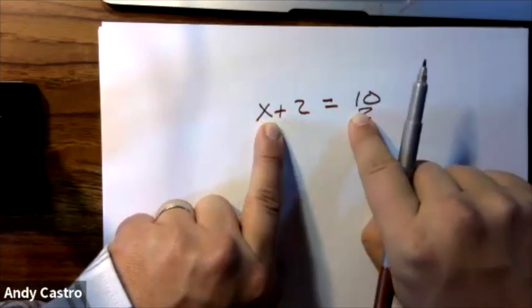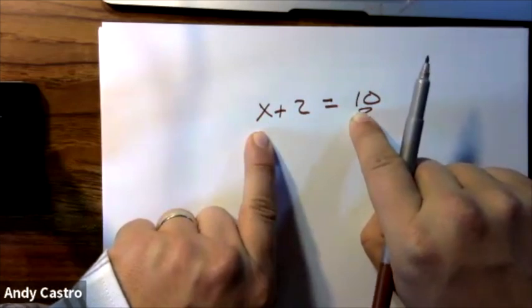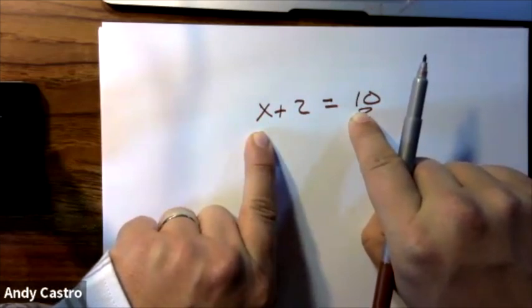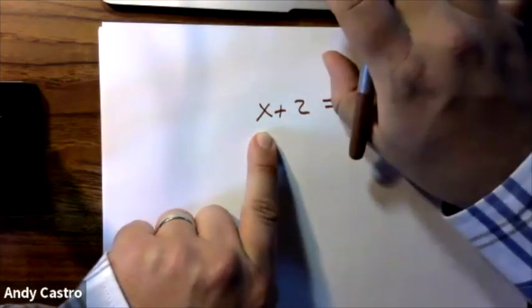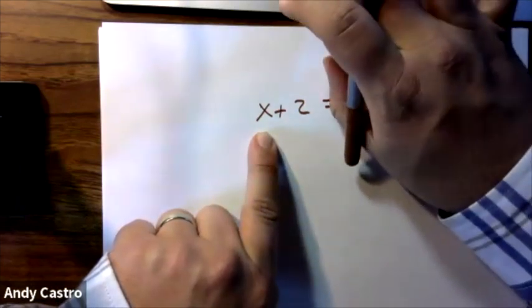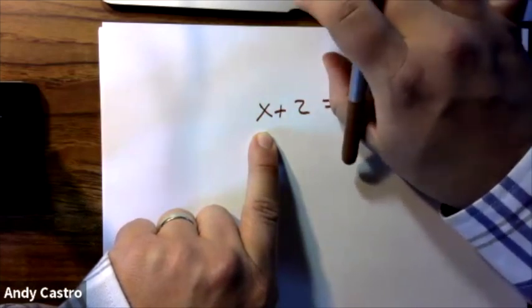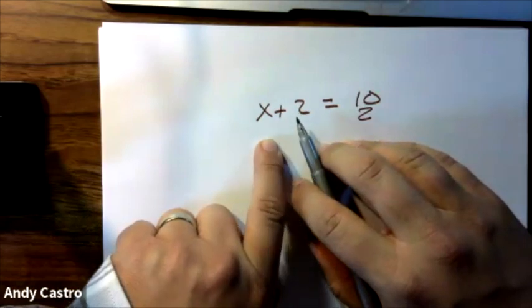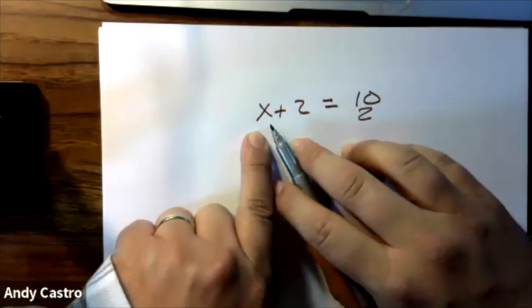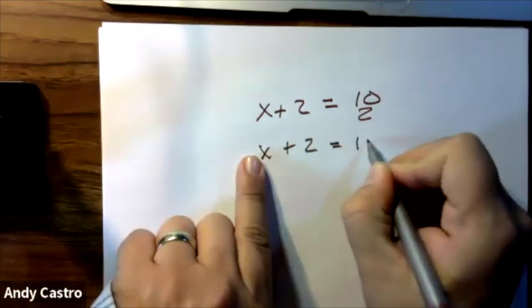So if it has to be 10, what number does x have to be? Anybody know? You can message it to me. Got one message. All right, what number? No one's gotten it yet. What number does x have to be in order for x plus 2 to equal 10?